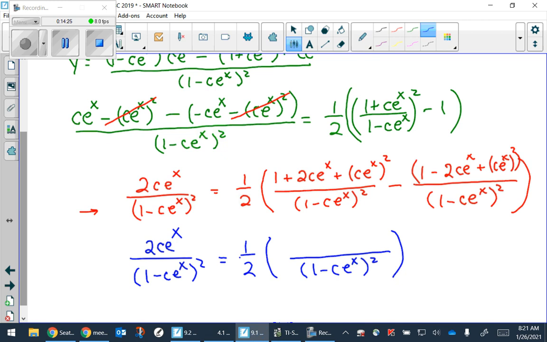Now tell me about the ones. What's going to happen? Tell me about 2c e to the x. 4c e to the x. So I've taken care of it. I've combined those like terms. Tell me about c e to the x squared.